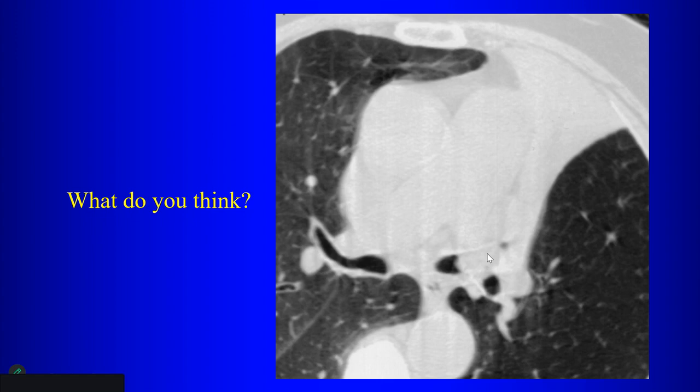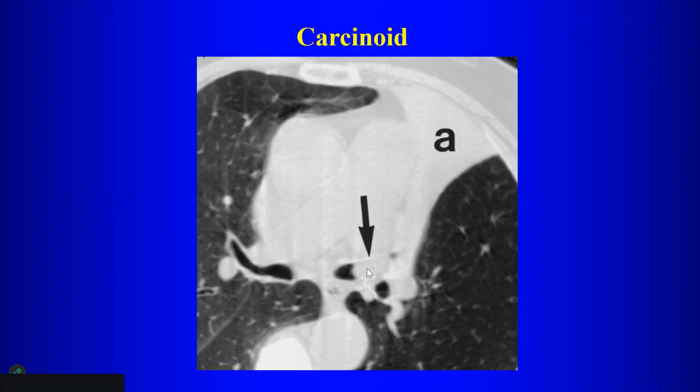When you have a tumor within a more distal airway, not within the trachea, now you would bring up, besides squamous cell cancer, what? Carcinoid, right. This is where you would see carcinoids, and carcinoids can be associated with atelectasis. There's an example of atelectasis here, it's a carcinoid tumor with atelectasis. Okay.